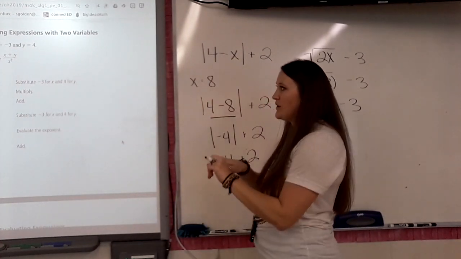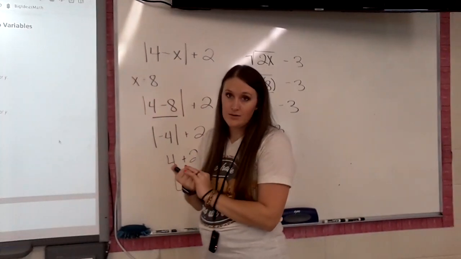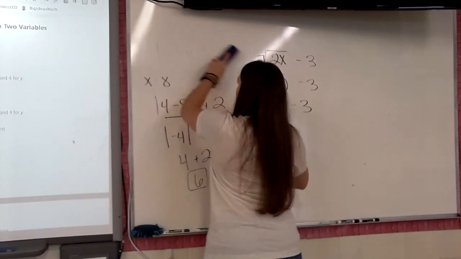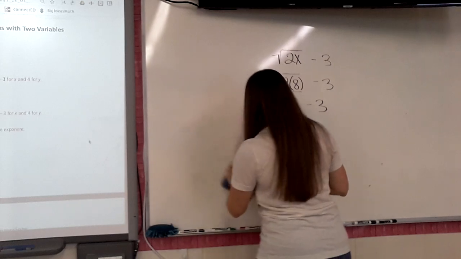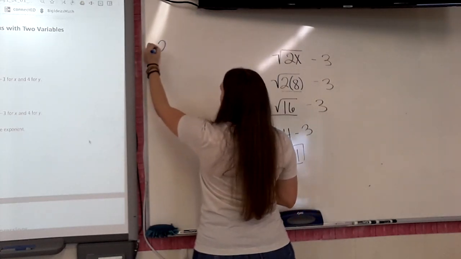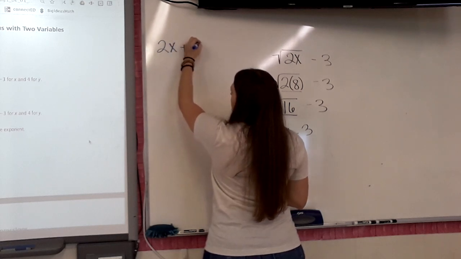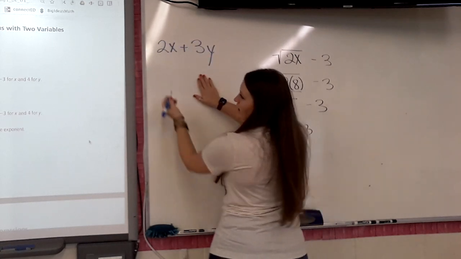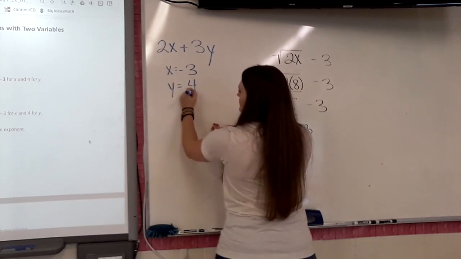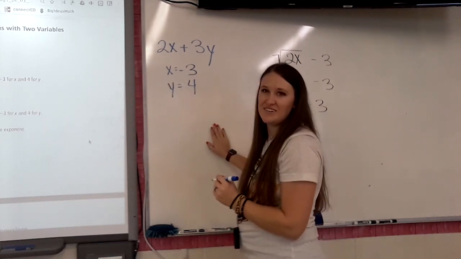So now we have two variables, x and y. Let me make some room. Okay, so the first problem, sorry, 2x plus 3y. And they tell me x equals negative 3, y equals 4. Okay, let's make sure y'all can see that.